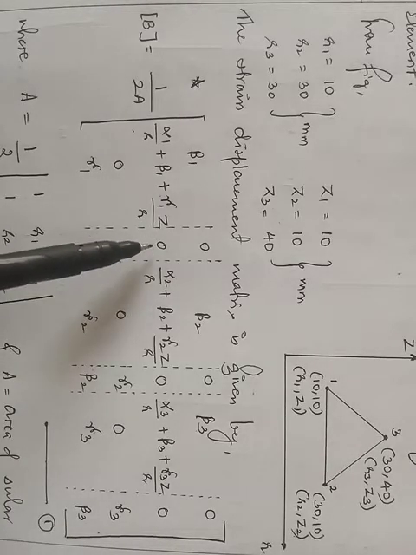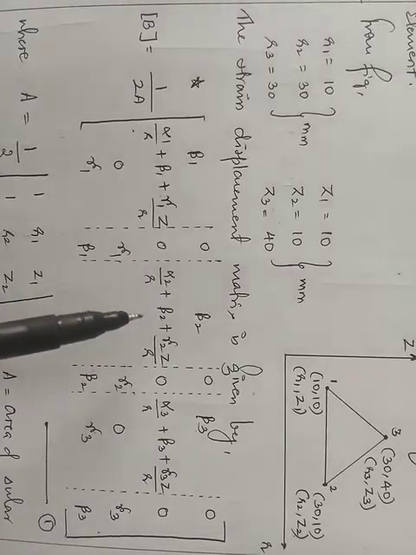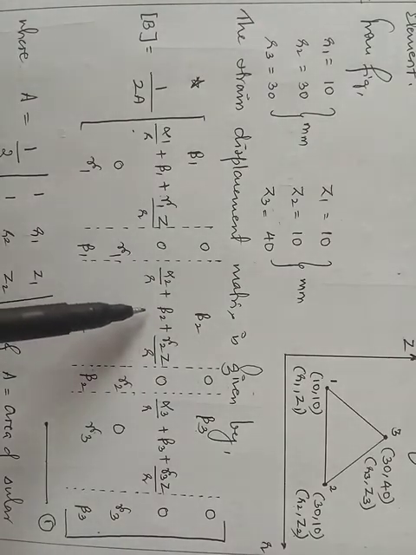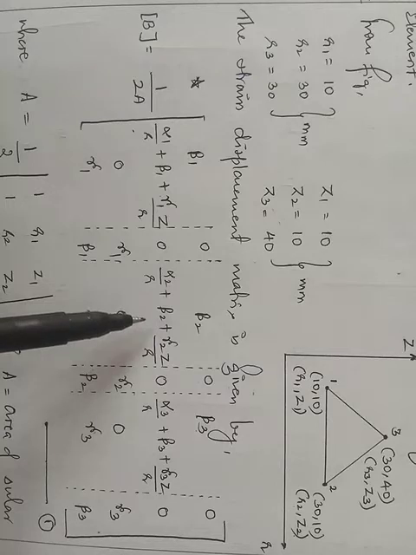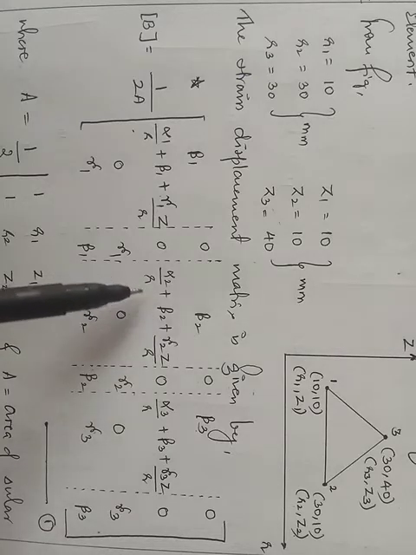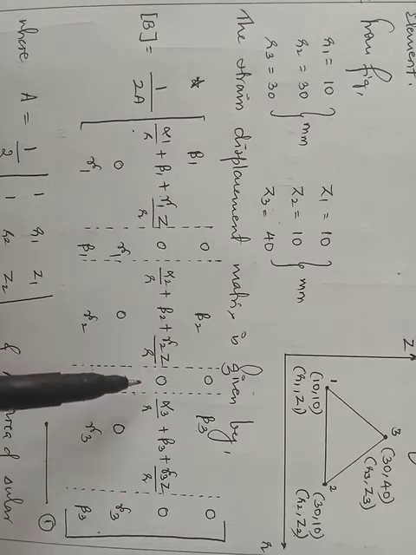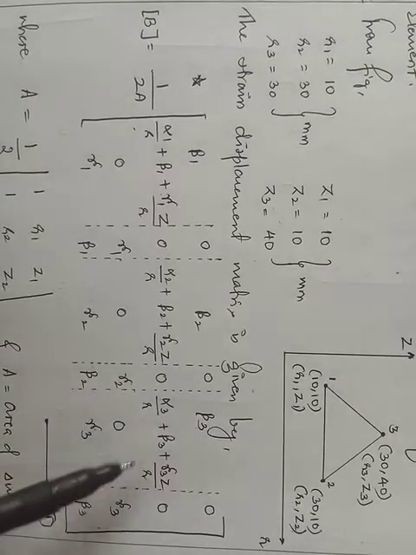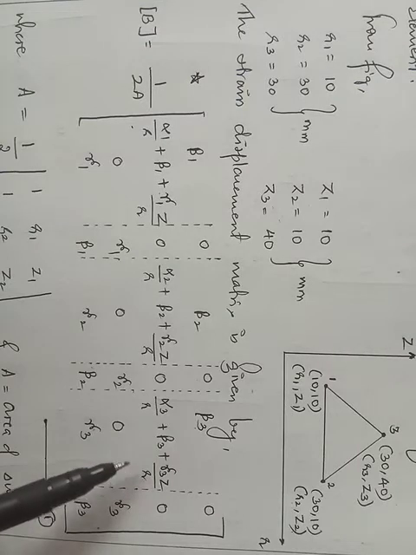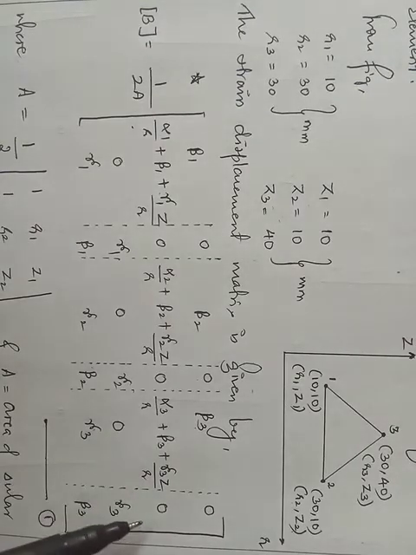Second term once again is 0. Third term is nothing but shape function number 2, that is n2. That expression you divide by r, so you will get alpha 2 divided by r plus beta 2 plus gamma 2 z divided by r. Fourth is again a 0. Fifth term is again shape function number 3 divided by r, and sixth term is 0.